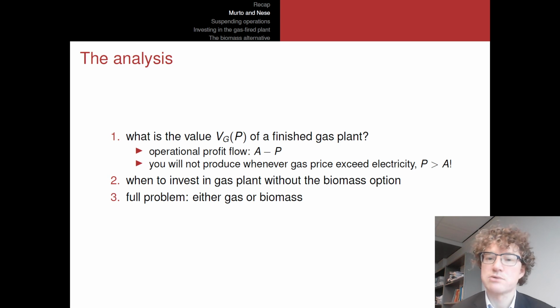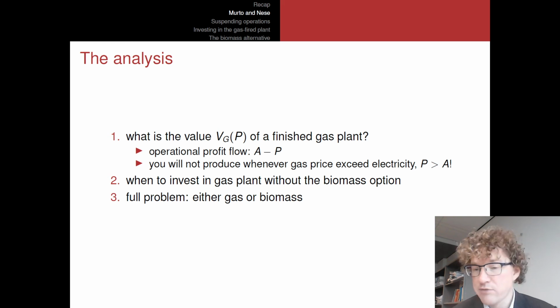In that case, you would rather shut down, or at least suspend operations of your gas-fired plant. You switch it off, and you only switch it on again when the gas price falls below the price of electricity and production becomes profitable again. So we are going to compute the value of such a plant, which you can switch off when it's not productive, when the fuel price is above the electricity price.